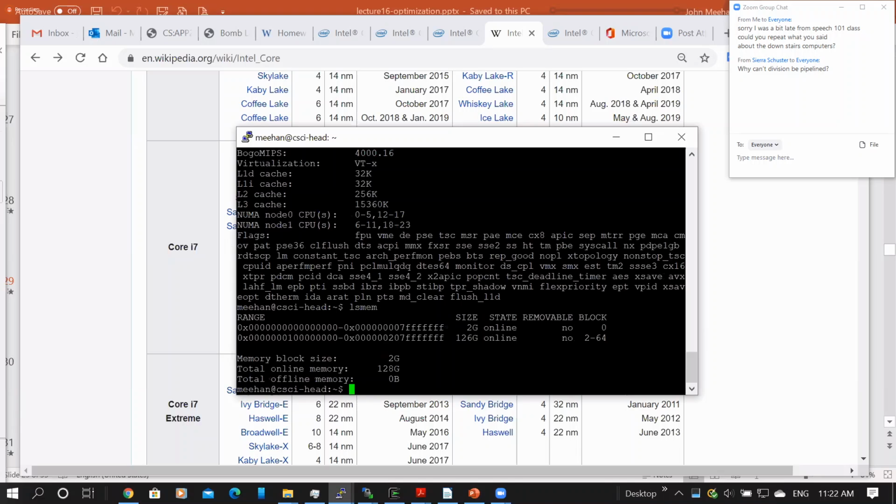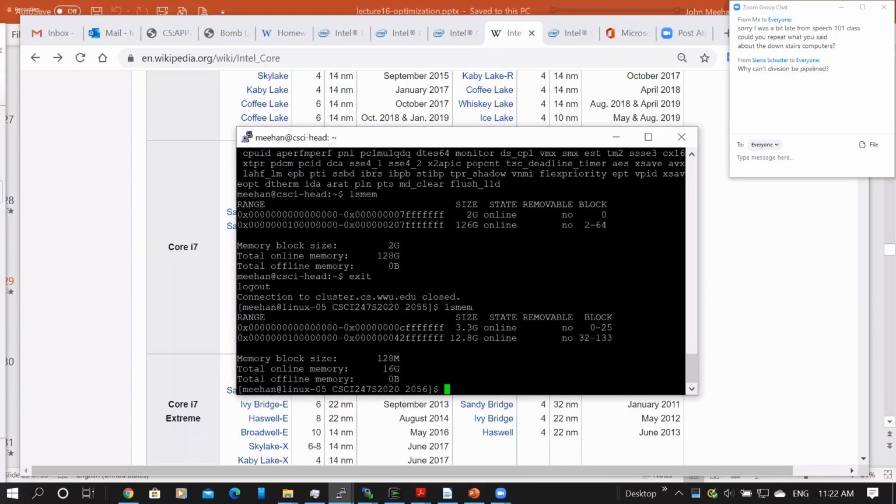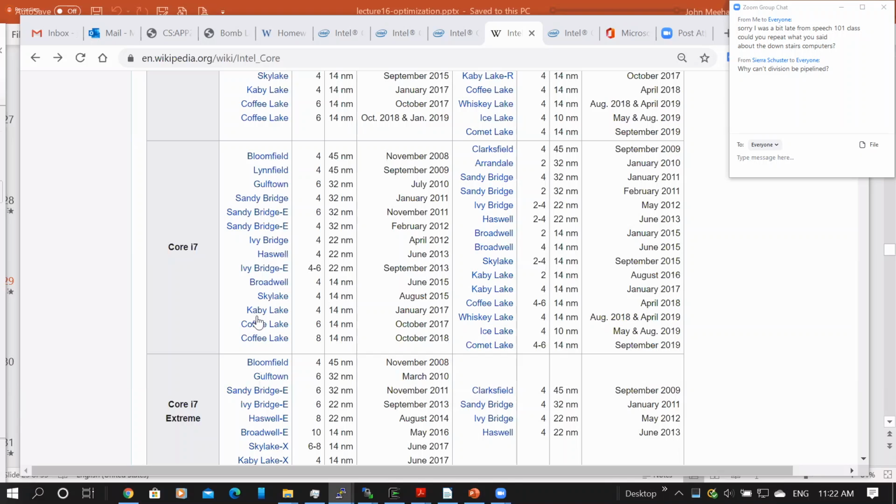The ones in the labs, like this guy, I think only has 16, but 16 is plenty, right? So those are the different types of computers that are in the department and how they relate to these different model numbers in the Intel models, right?